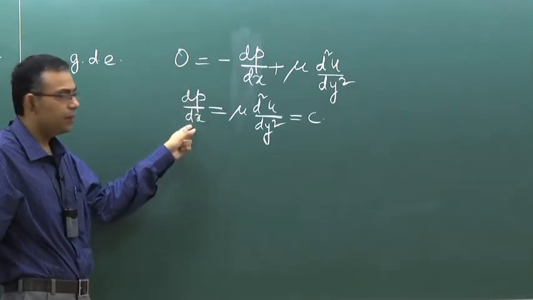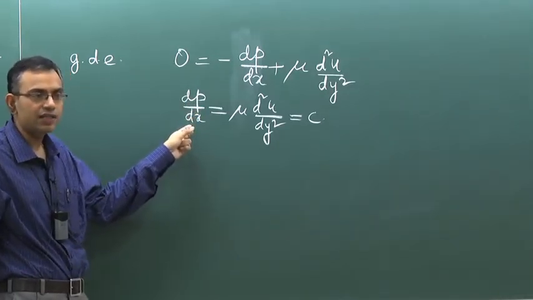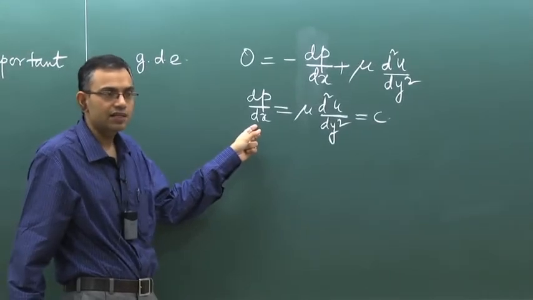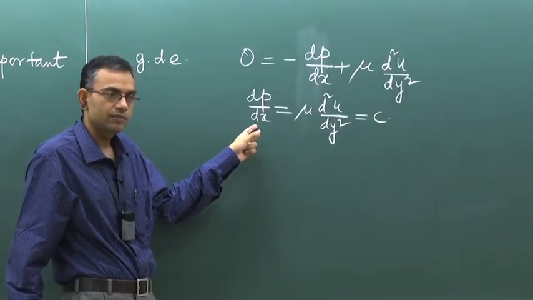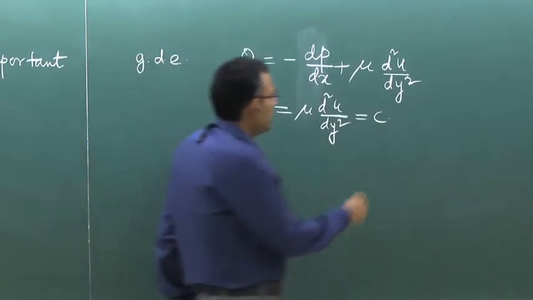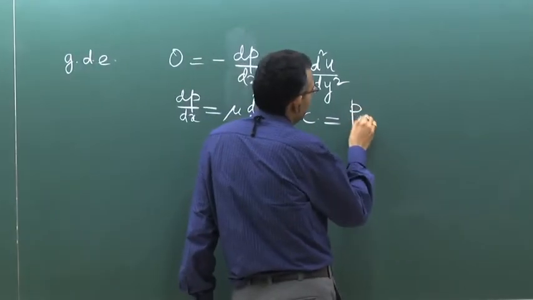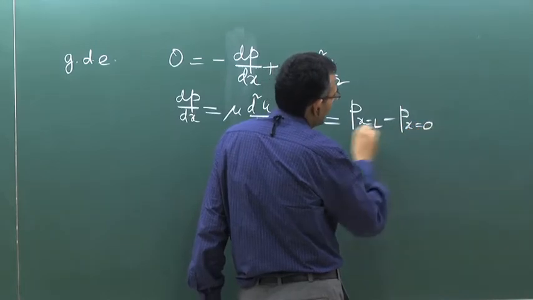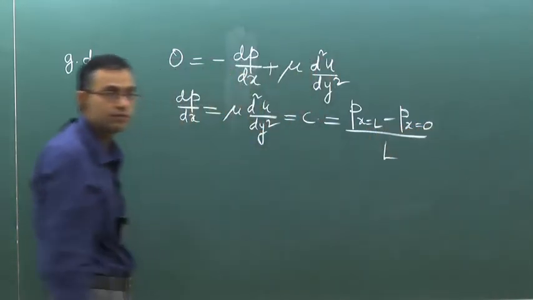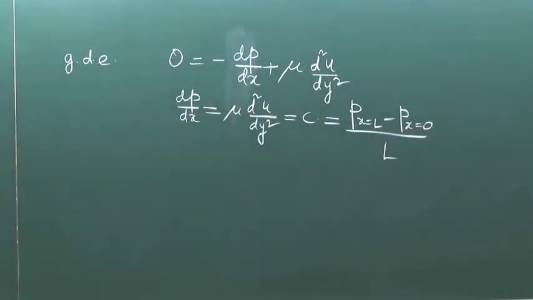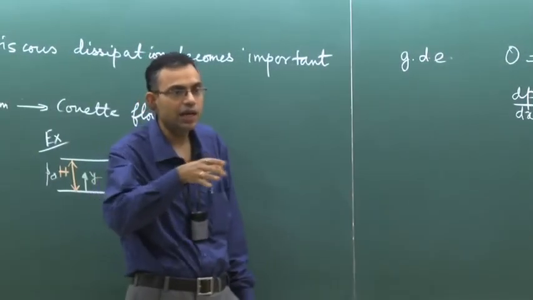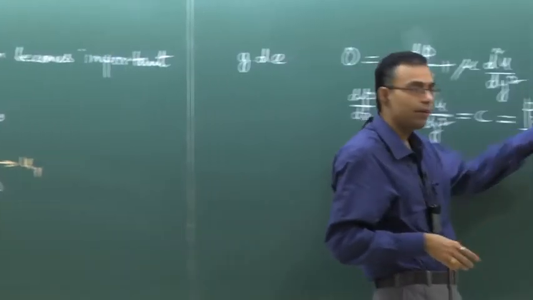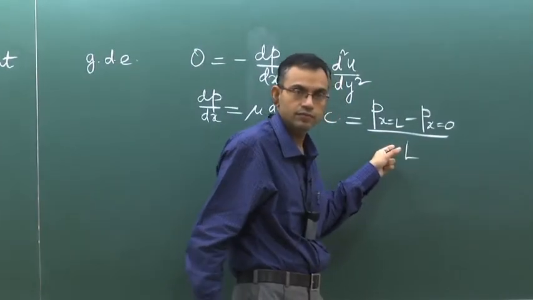Now, what is dp dx? Because dp dx is a constant, that means pressure versus x is linear, right. So, what is this? This is p at x equal to L minus p at x equal to 0 divided by L, that is dp dx. Because dp dx is a constant, p versus x is linear, so dp dx is delta p by delta x, right.